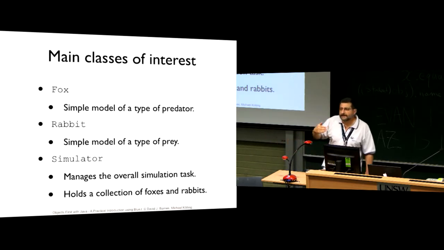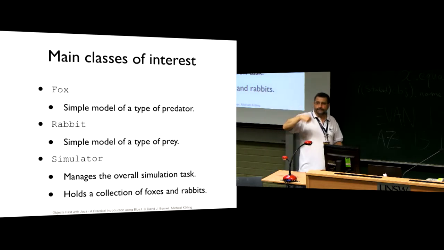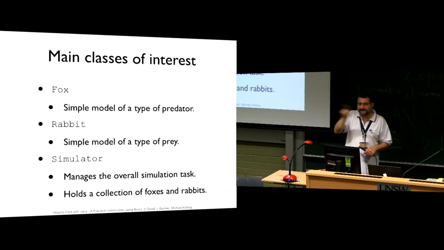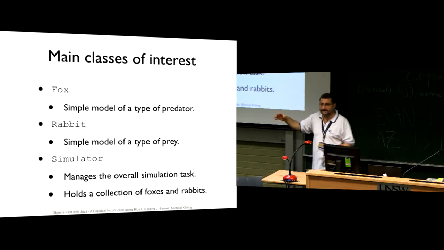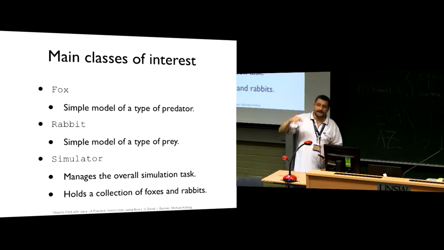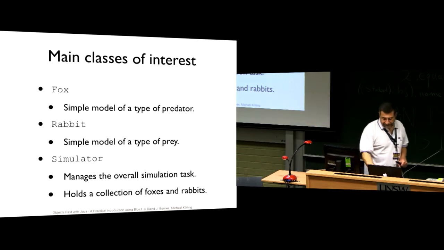So like I said, the purpose of the simulator is to create a loop where we scan every cell in this field, each cell representing or containing one of the agents, whether it's a fox or a rabbit, execute the rules governing those two things, and then loop over and over and over again to allow the evolution of the whole simulation.